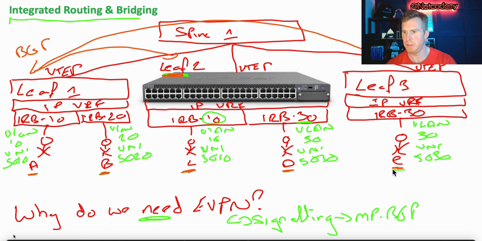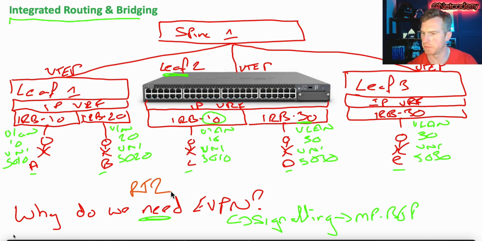So EVPN, using route type 2, is going to advertise throughout that whole EVI what MAC addresses are connected to what devices. And when that information has been learned via EVPN, the leaves will build tunnels, because they're VXLAN tunnel endpoints, they have VTEP functionality.